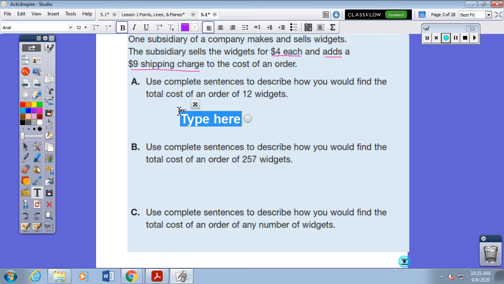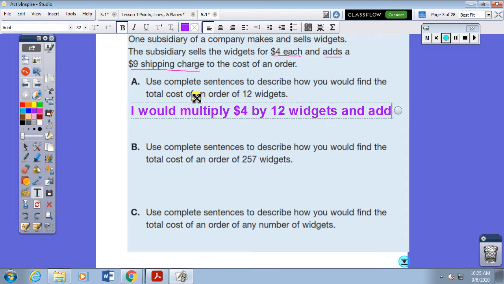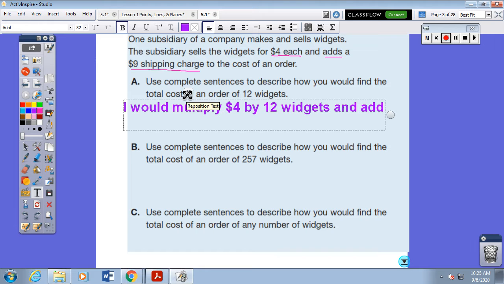So to do that, think about, I would multiply $4 by 12 widgets and add $9 shipping to get the total cost.